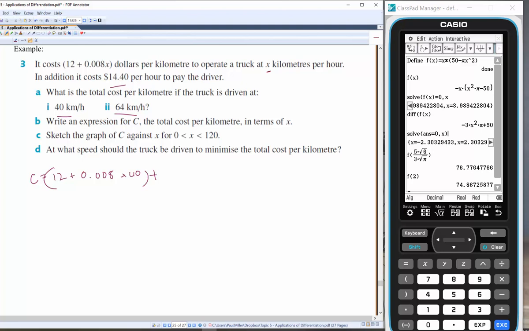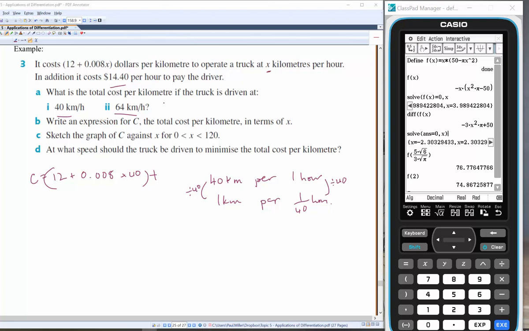Now what that means is we know that in 40, it does 40 kilometers per 1 hour. Let's divide that by 40 and divide that by 40. It does 1 kilometer per 1 over 40 hours. So it costs 14.40 per hour to pay the driver.